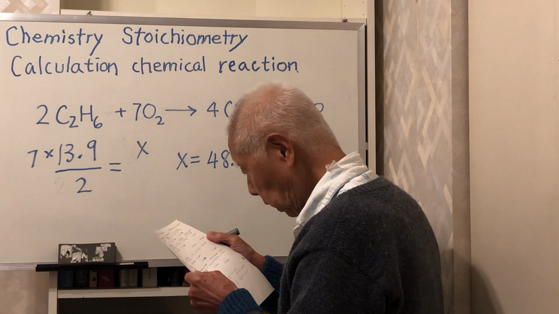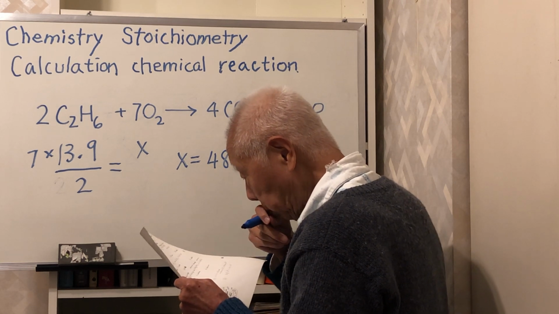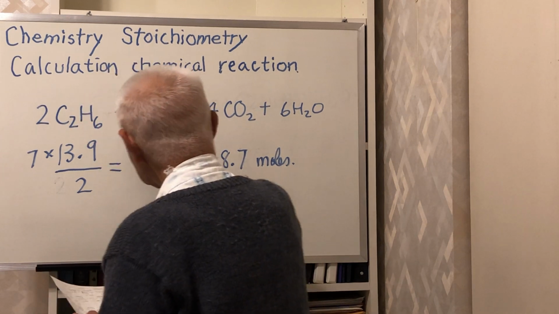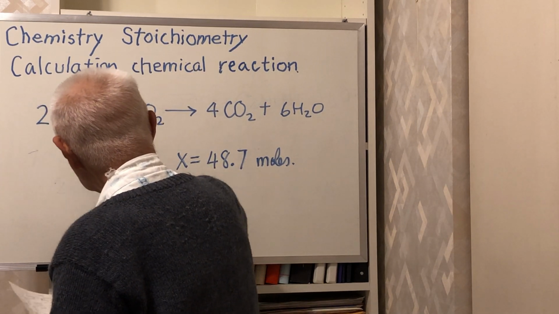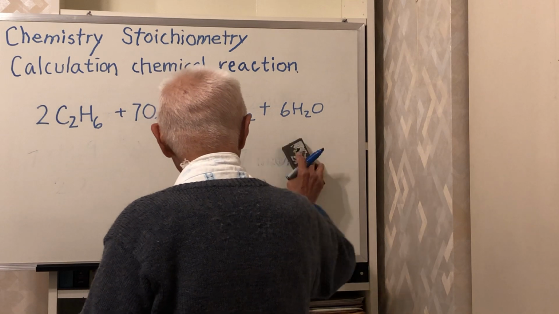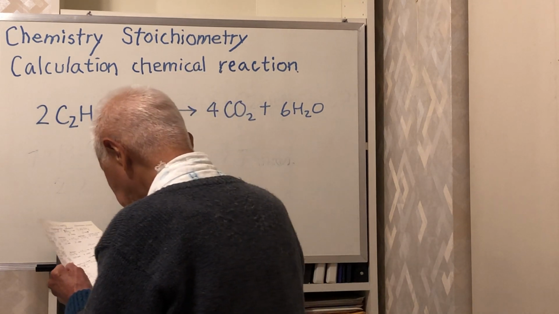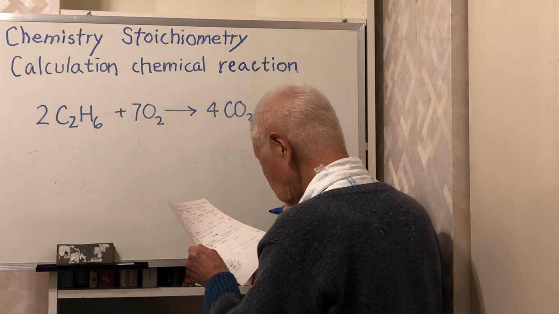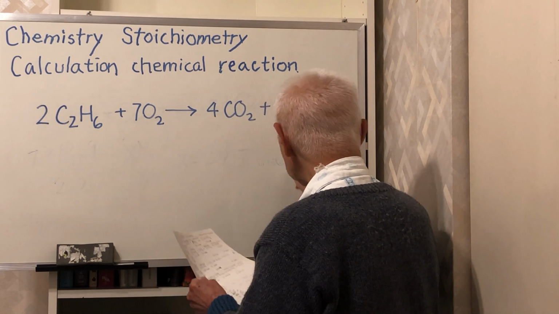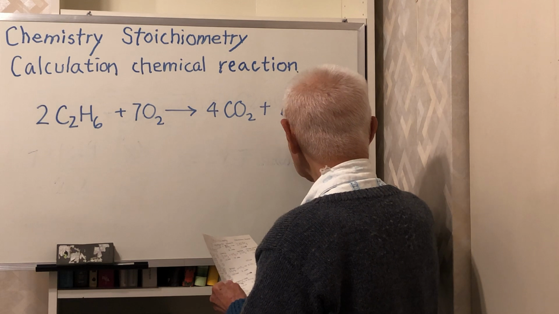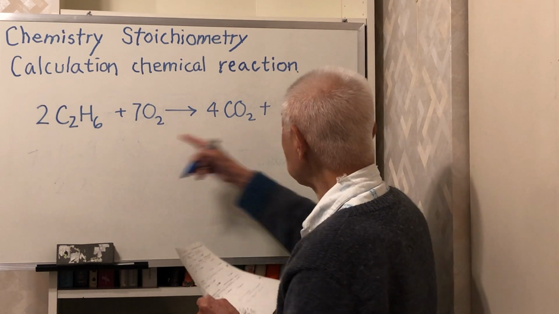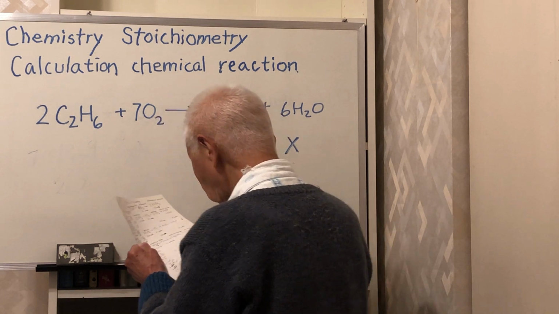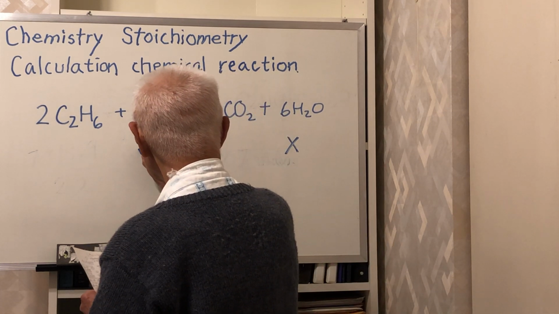Okay, I have another part B. Part B is how many moles of water will I produce if I have 1.4 moles of oxygen there?